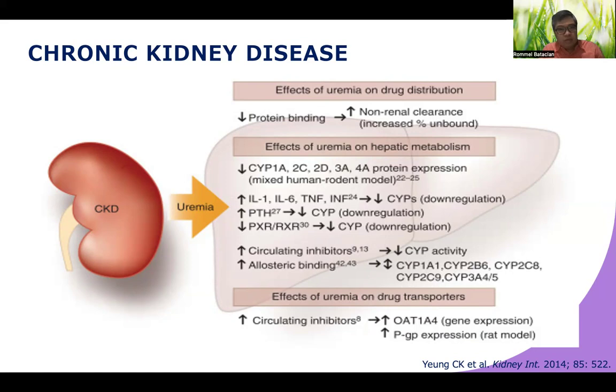So essentially, chronic kidney disease is a dysfunction of the kidney's ability to maintain homeostasis. So therefore, waste materials, which include drug metabolites, would have limited excretion. There would be acidosis.